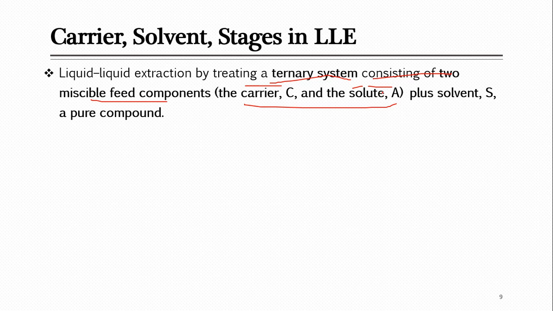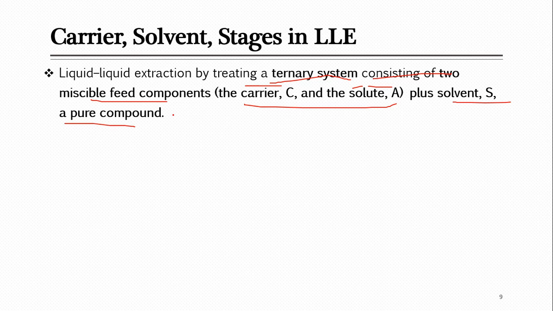So we bring this in contact with some other hydrocarbon, the solvent, a pure component. Here the solvent is a pure component, one component. So overall you can see the two components of the feed and this one solvent. This is a ternary system. One feed component is the carrier, which is in large amount, carrying the other, the solute, which is in small amount.